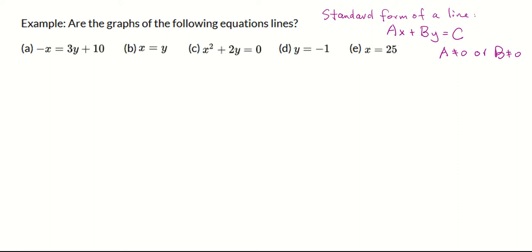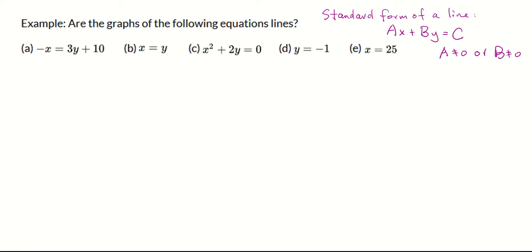In other words, either a cannot be equal to 0 or b cannot be equal to 0. They can't be 0 at the same time. Now let's look at a. Negative x equals 3x plus 10. We want to see if we can write this equation into the standard form of a line, which we could, right?